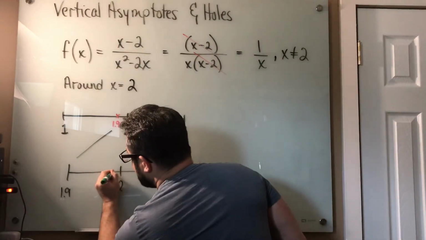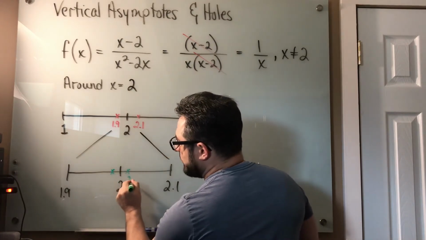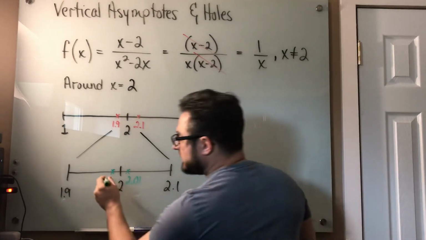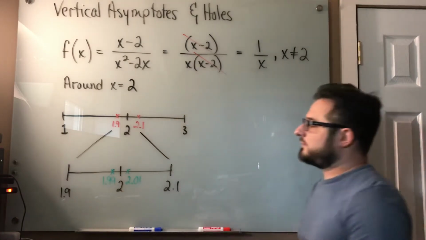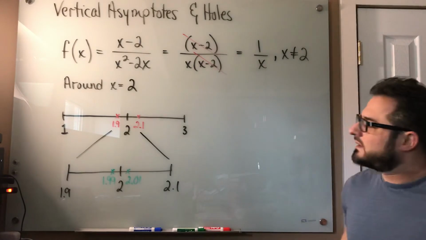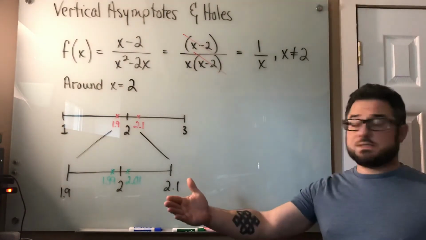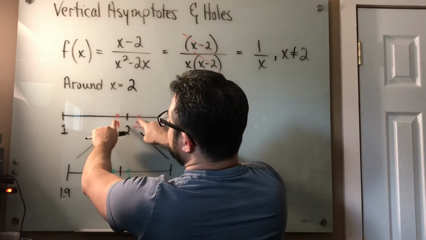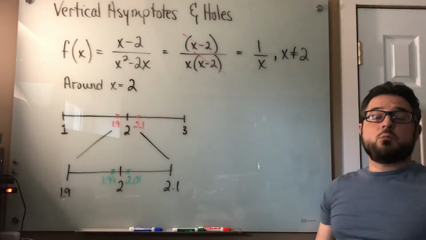So if we do 2 minus 1/100th and 2 plus 1/100th, we get 2.01 on the right and 1.99 on the left. So we're going the same distance to either side, starting at a whole number to either side, and then 1/10, and then 1/100th, and if need be, we'll go to 1/1000th.